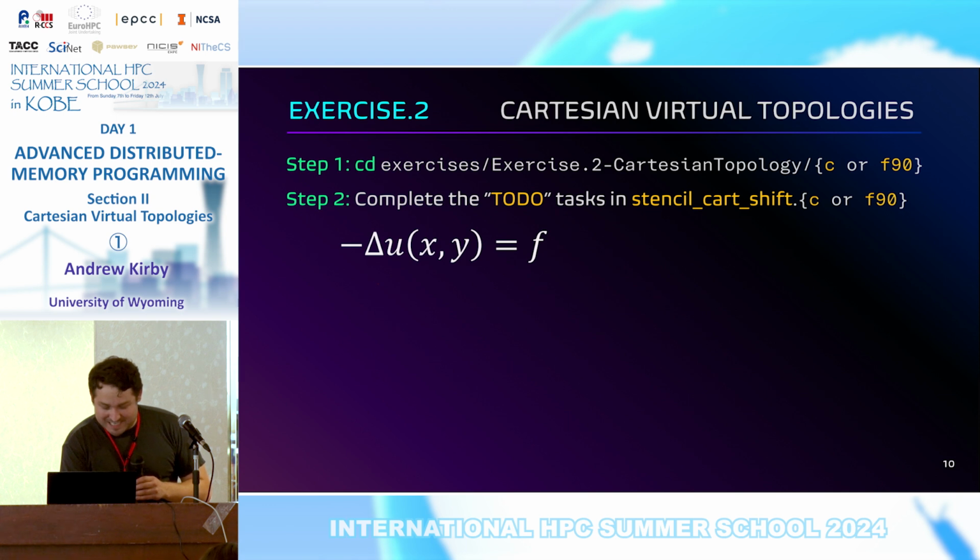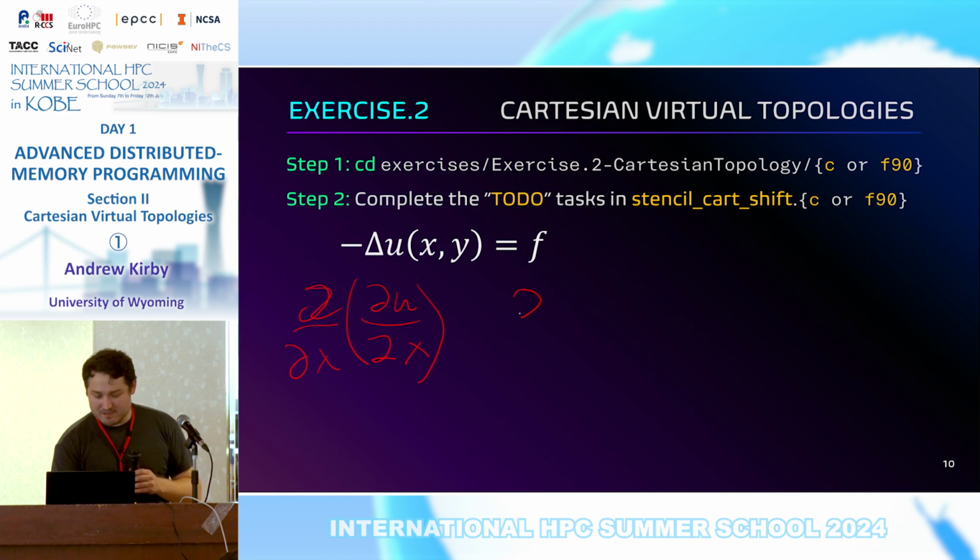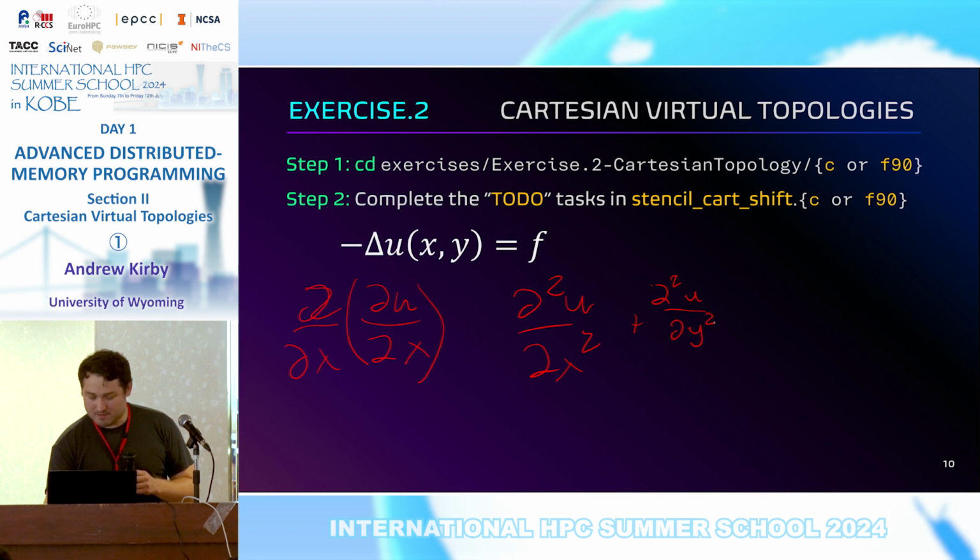Okay, so du dx, right? And then you're going to do a second derivative, right? So d dx on top of that, right? So we have del squared u over dx squared plus del squared u over dy squared equals f, okay?